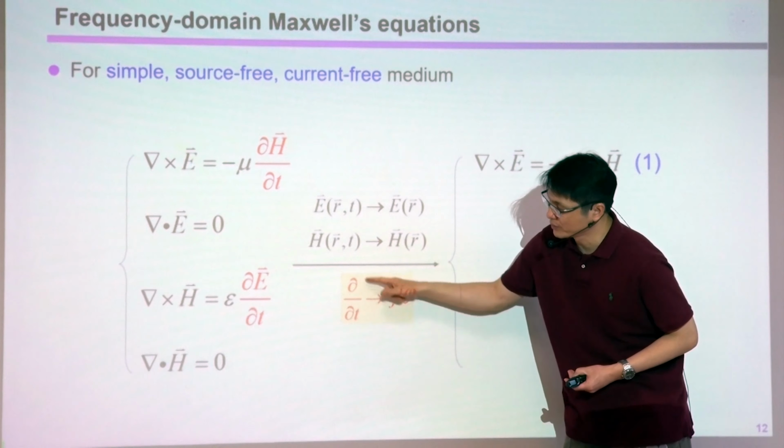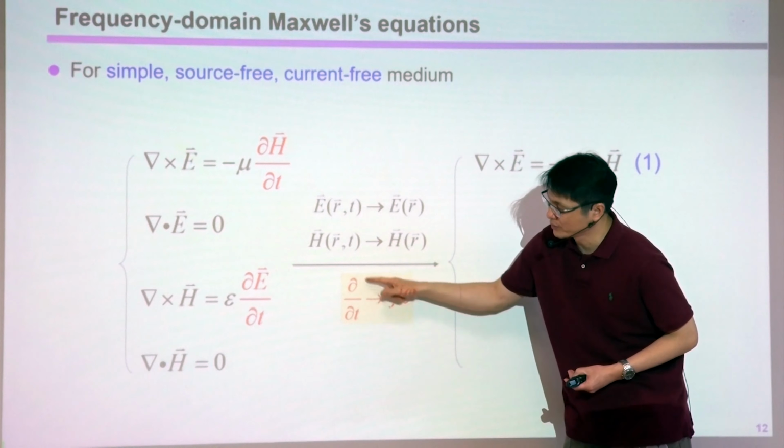Curl of H is j omega epsilon E. Right? So now we replace curl of H by this expression. We have j times j equals -1, and that cancels out with a negative sign, right? So we have omega squared mu epsilon E. So now on both sides, we are solving for E.